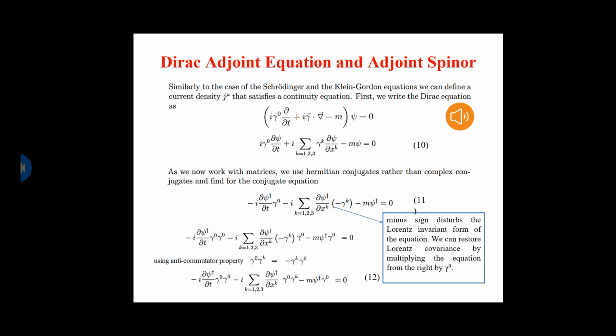Using the anti-commutator property gamma naught gamma k is equal to minus gamma k gamma naught, the equation becomes minus iota partial psi Hermitian over partial t gamma naught gamma minus iota summation k is equal to 1, 2, 3 partial psi Hermitian over partial x k gamma naught gamma k minus m psi Hermitian gamma naught is equal to 0, marked as equation number 12.